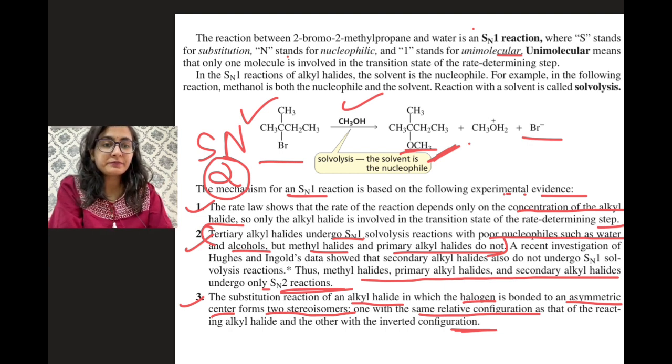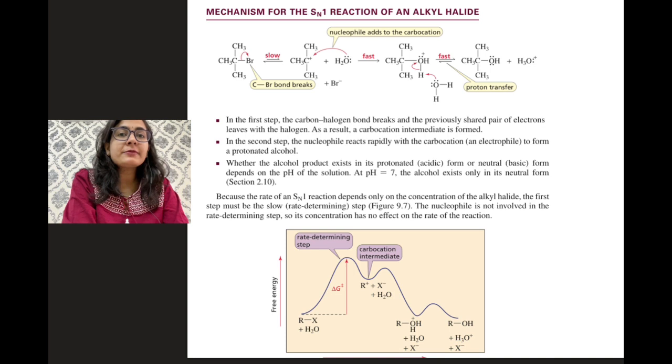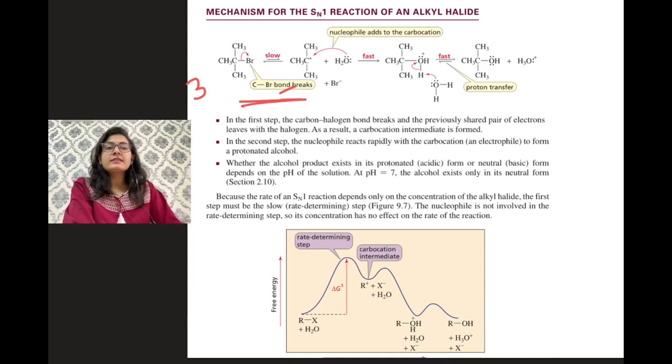Okay. We see that the mechanism for SN1 reaction goes like this. First of all, if again we are considering the 3-degree alkyl halide, we will say that the first step is the slow step. What is this? Just the carbon and bromine bond breaks over here, right? This is the first step.